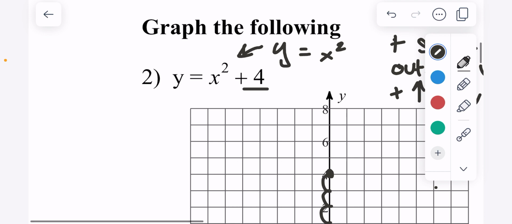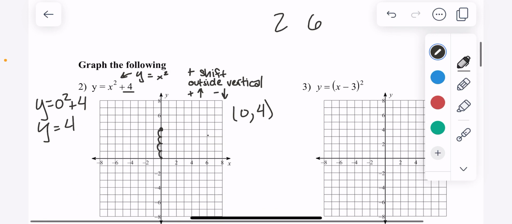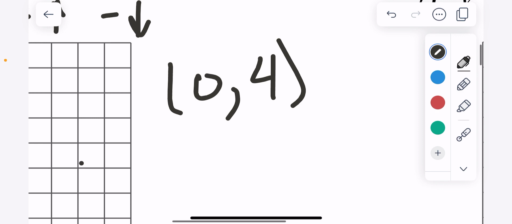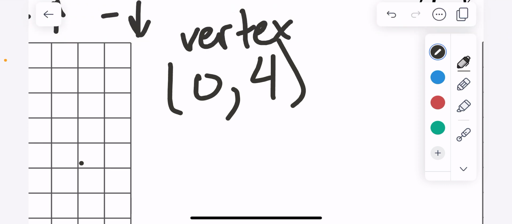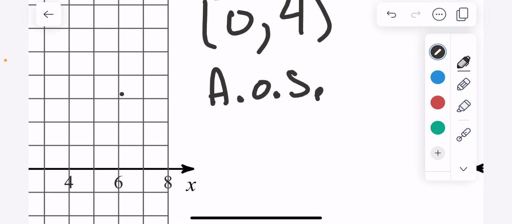If I plug in 0 for x, 0 squared is 0 plus 4 is 4. So this is my vertex. My axis of symmetry is always going to be x equals my x value here. So x equals 0 in this case.